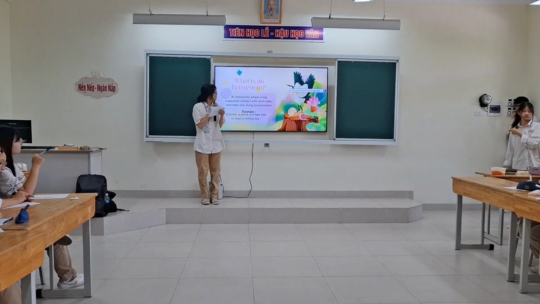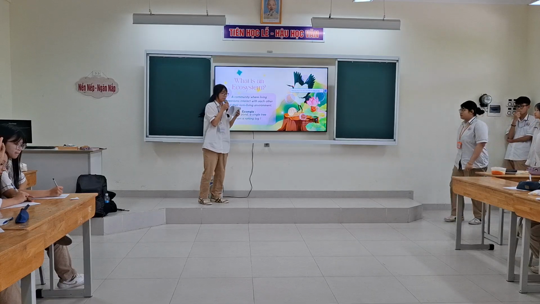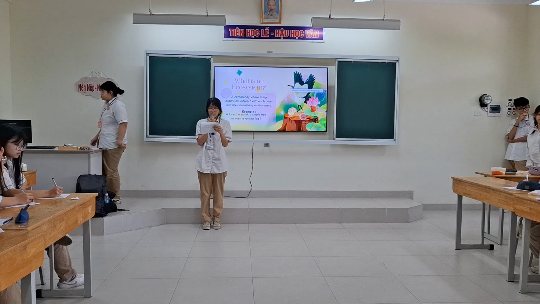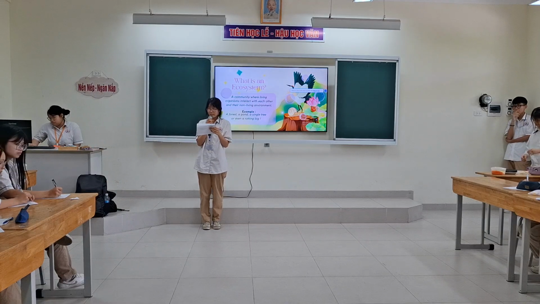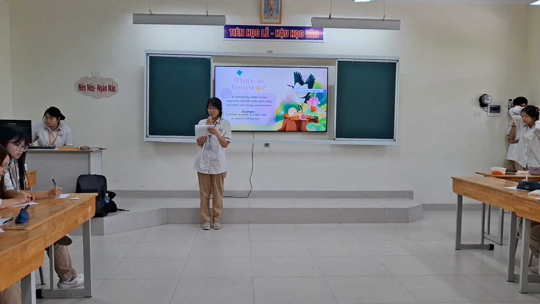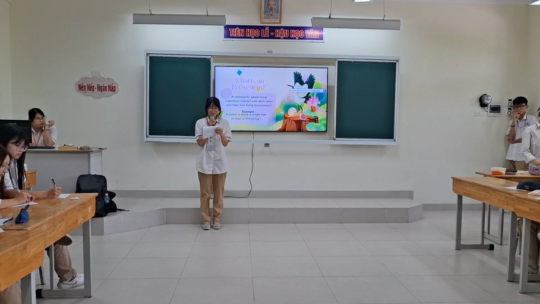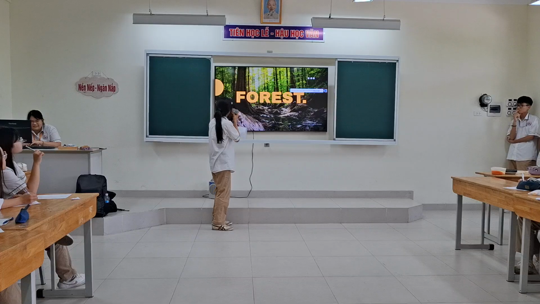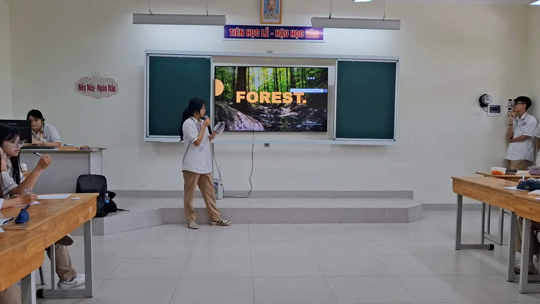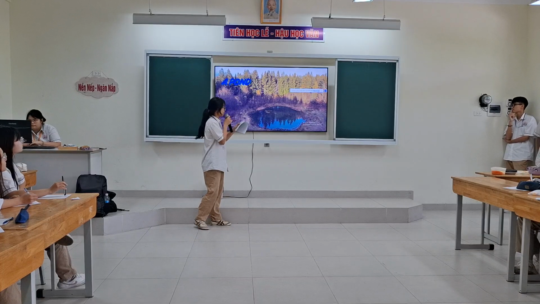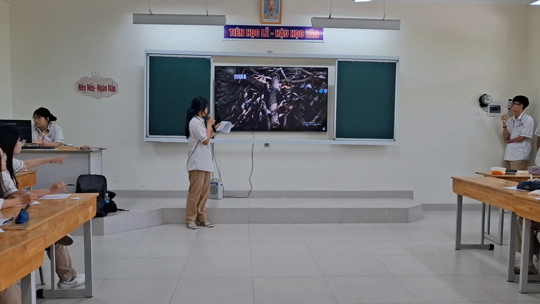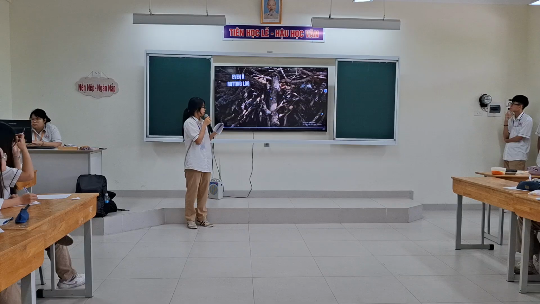First, what is an ecosystem? A community where living organisms interact with each other and their non-living environment. For example, a forest, a pond, a single tree, or even a rotting log.